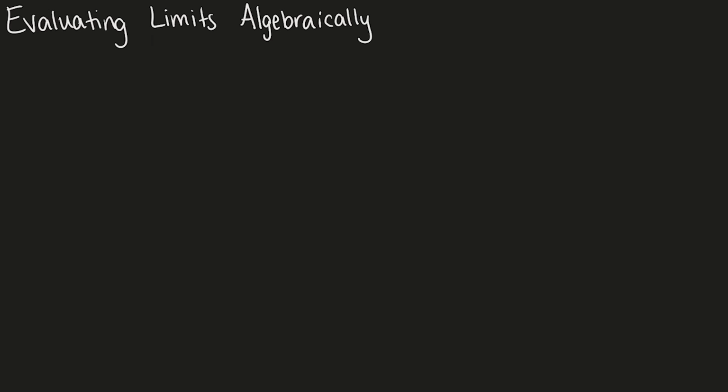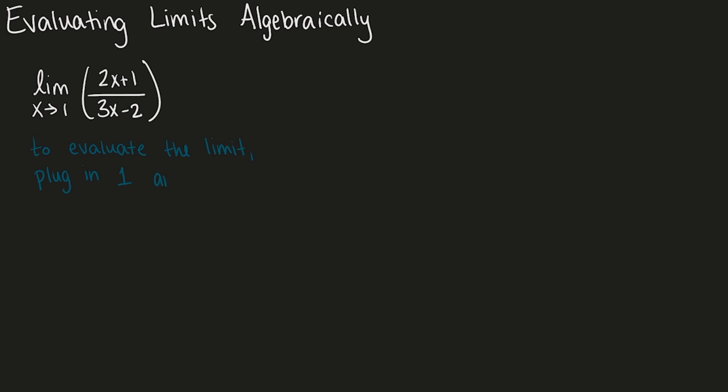Next, we have the limit as x approaches 1 of 2x plus 1 over 3x minus 2. Again, we're going to plug in 1 and solve. So this becomes 2 times 1 plus 1 over 3 times 1 minus 2, which is 2 plus 1 over 3 minus 2.